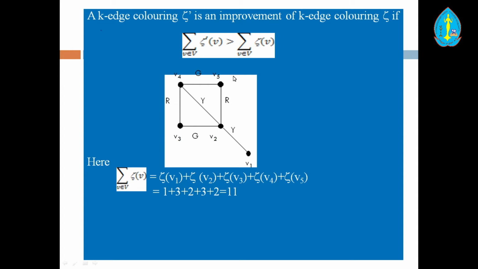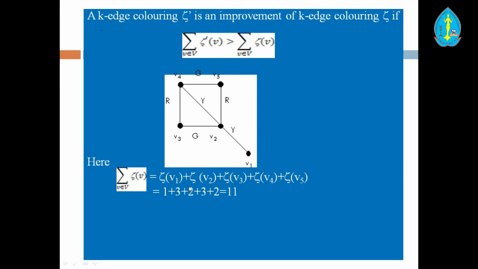Here consider this example. Here the sum of script C of V equals: at V1 we have only one color represented, 1. At V2, the colors G, Y, R, Y are on the edges; this edge also has Y color, so 3 colors are represented at V2, therefore it is 3.